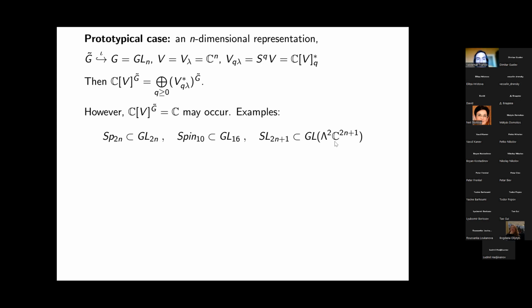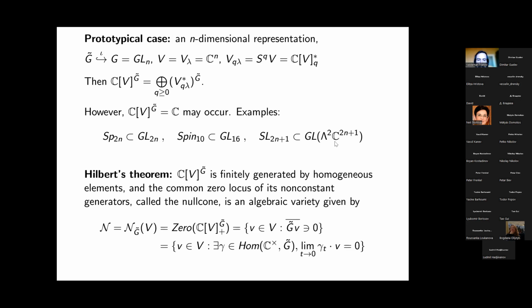And this would be the case where property A also does not hold, even for the LR0, not only for LR. Let me just recall Hilbert's theorem, mostly for the second statement. So the finite generation is famous, of the ring of invariants in a polynomial ring, and also the ring of an algebraic G tilde variety.